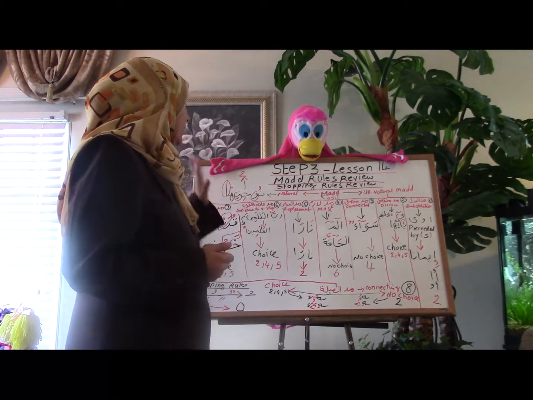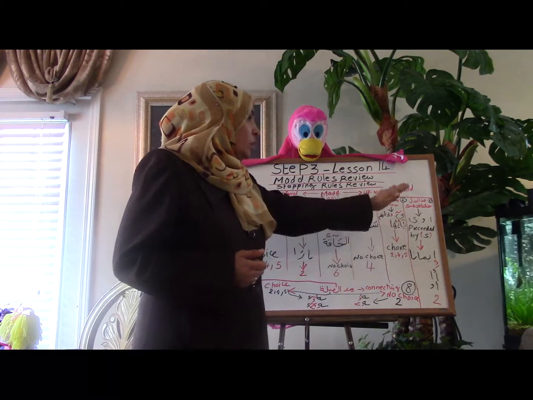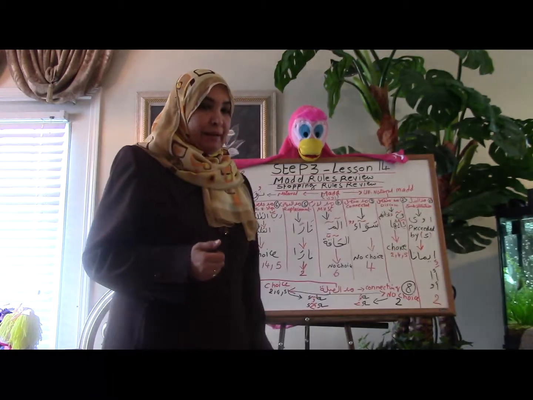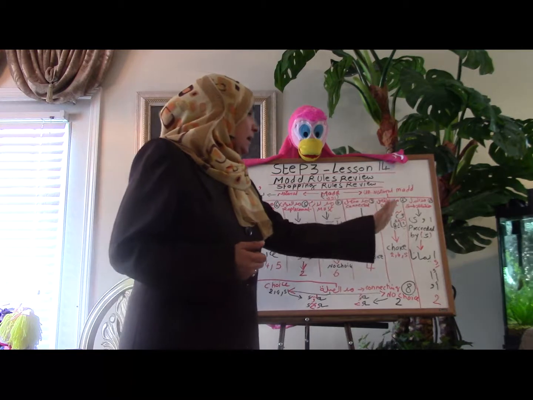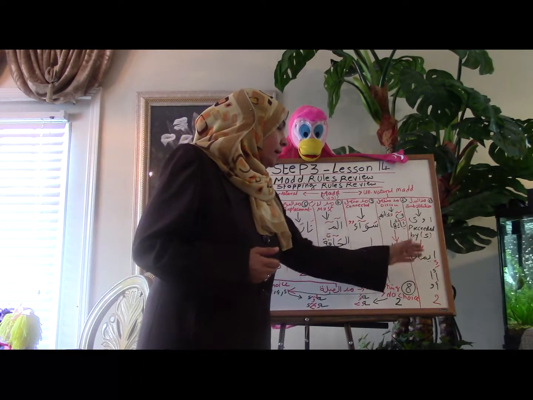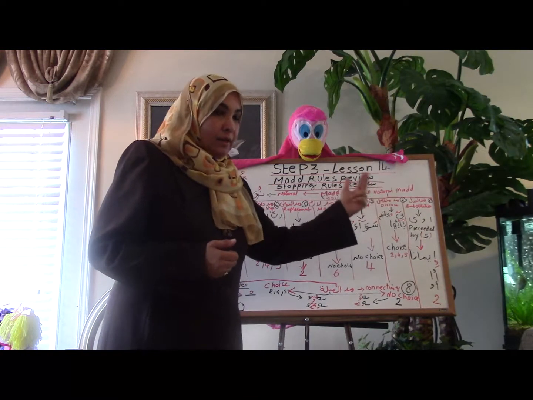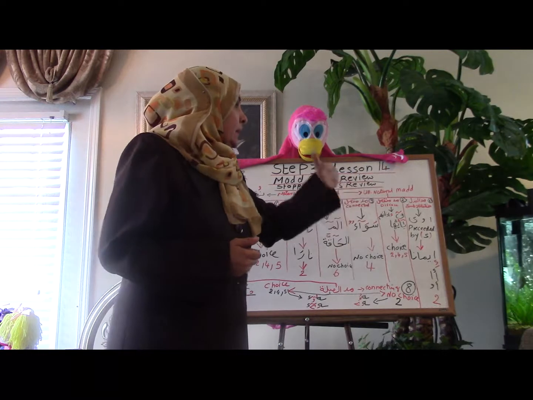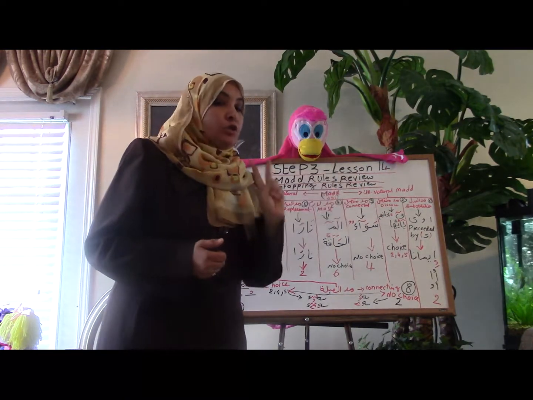For example, let us start with the first kind of mad, the simple one. We call it mad al-badal, or substitution mad. Anytime you find a long vowel, alif, waw, or ya, preceded by hamza, anytime it is a substitution mad, you elongate for two haraka.